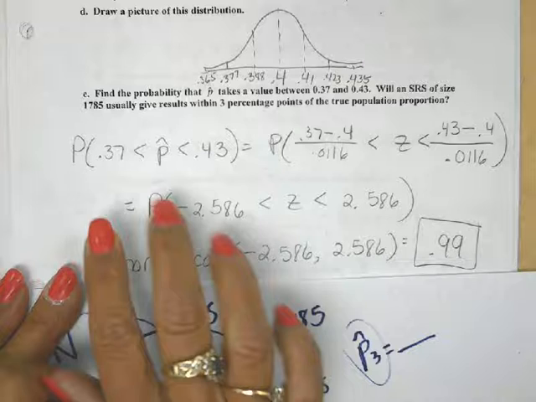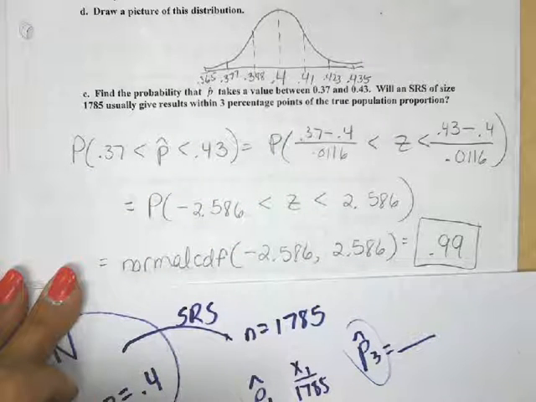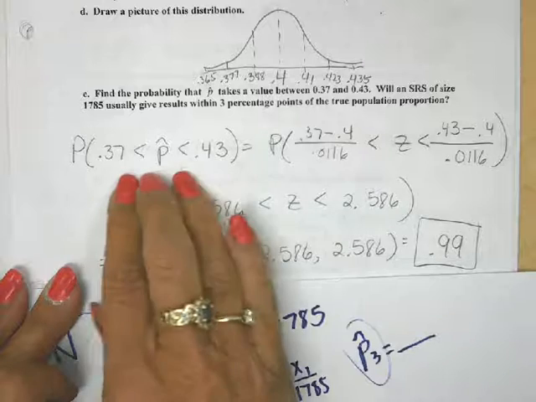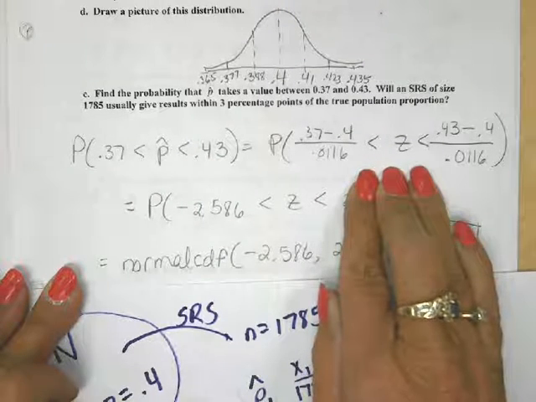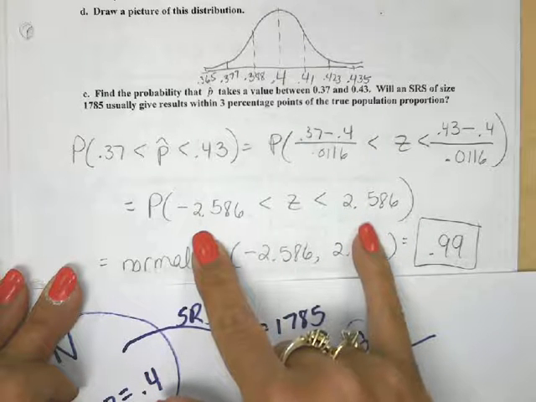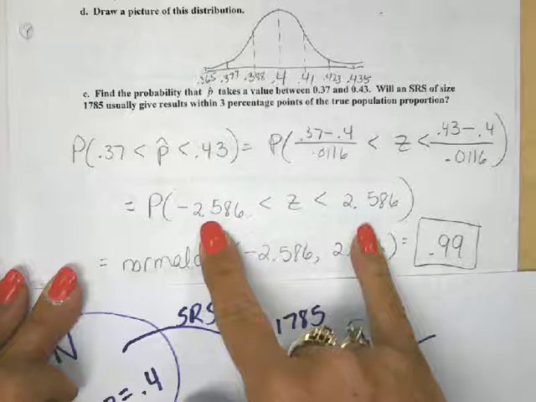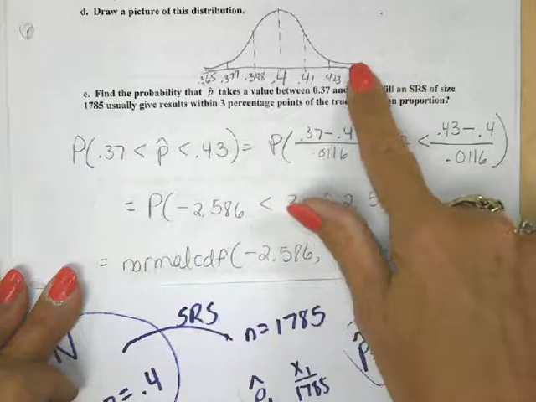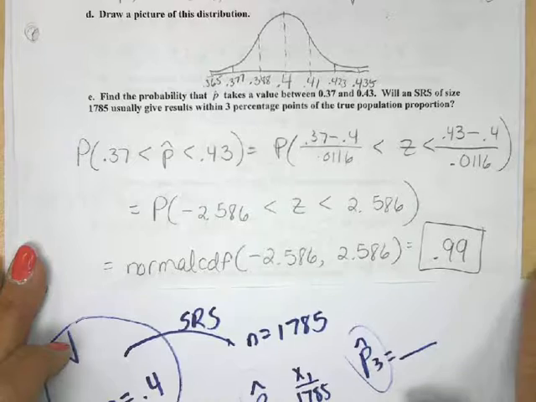Now, since we have an approximately normal distribution because of that n times p and n times 1 minus p, we can convert this to a z-value. I find that in both cases I'm about 2.6 standard deviations higher or lower than the mean, with those being plus or minus 3 percentage points, or from 0.43 down to 0.37. And that's going to happen about 99% of the time.